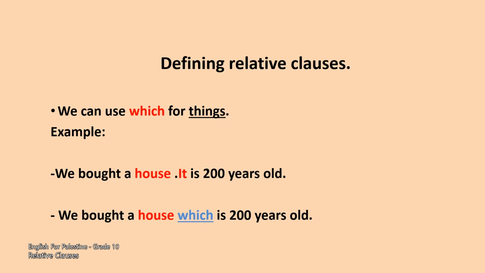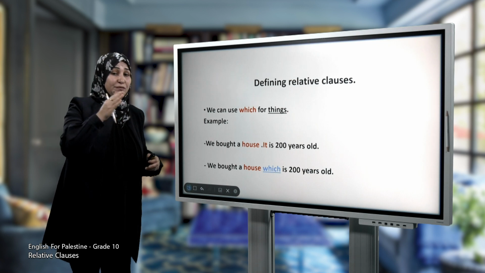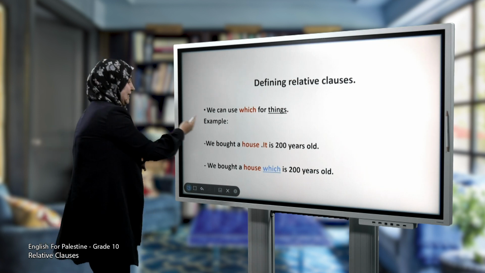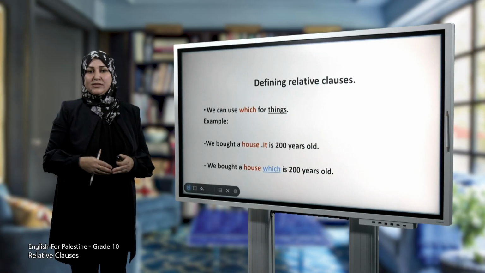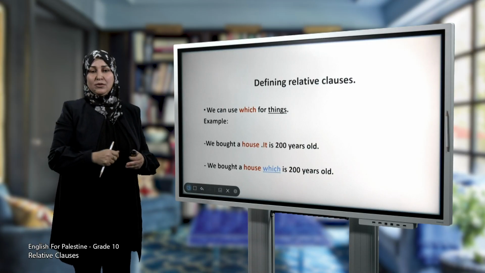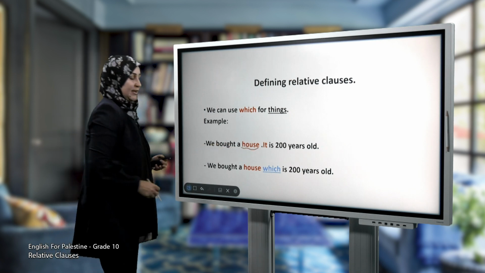We use which for things. Example: we bought a house. It's 200 years old. In these two sentences, we are talking about one thing, the house.